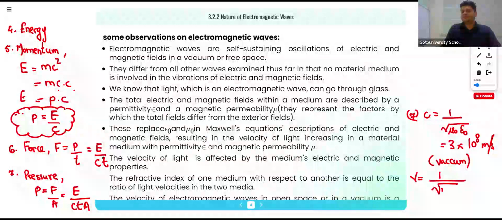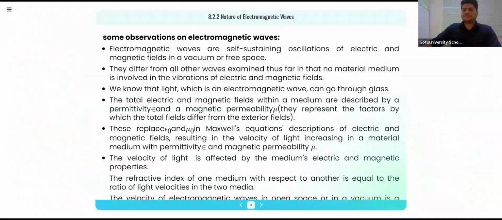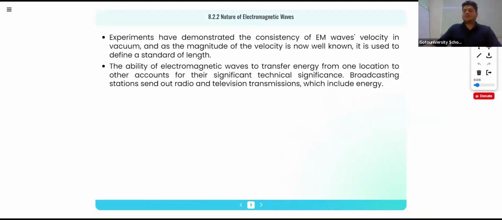In a medium, whatever the permittivity and permeability are, you can find the value of V. If you divide the value of C and V, you will get under root of mu epsilon upon mu naught epsilon naught, since C is 1 upon under root of mu naught epsilon naught and V is 1 upon under root of mu epsilon.